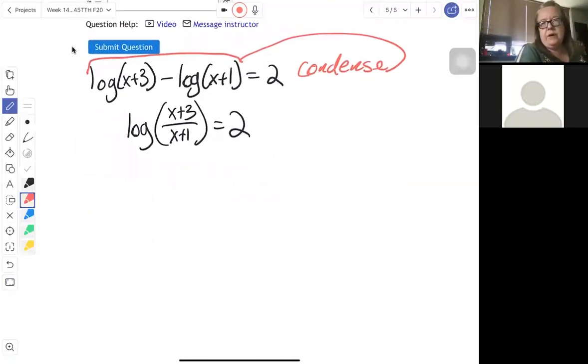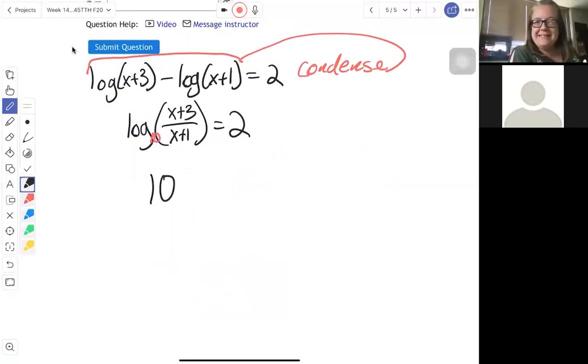Then we got to convert it. Okay, so I need to know what my base is, because when we convert to exponential form, we write the base first. So I don't have a subscript. I have to assume that my base is 10. It's common log, so my base is going to be 10.